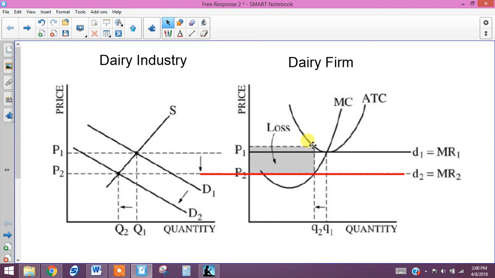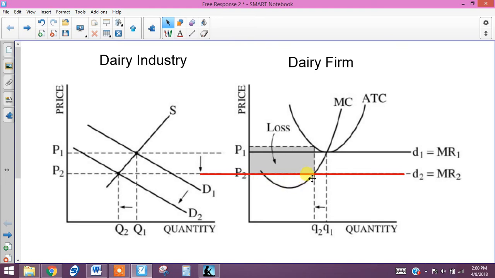So the average total cost is the cost per unit, right? Remember, the marginal cost is just the cost of the last unit produced, okay? So since the marginal cost is actually higher over here, and then it drops here and it goes up.